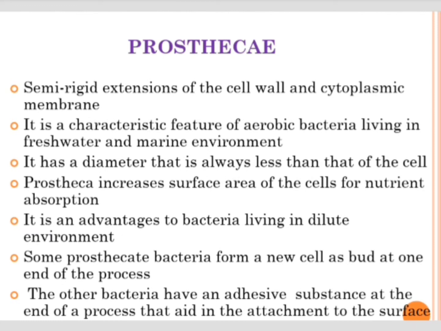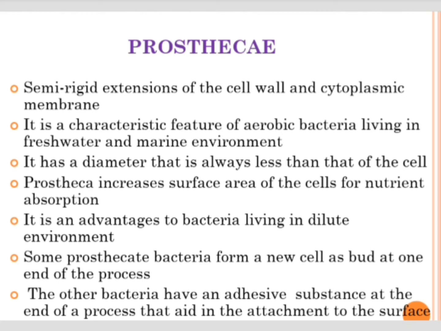Next is prosthecae. Prosthecae are semi-rigid extensions of the cell wall and cytoplasmic membrane. They are just like a bud, but connected with the bacterial cell wall as well as the cytoplasmic membrane. They are characteristic features of aerobic bacteria living in freshwater and marine environments.